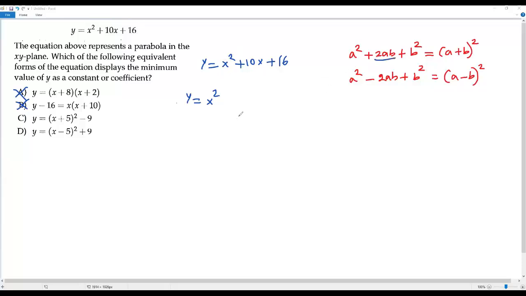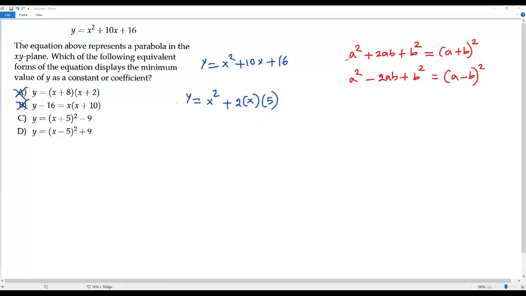The next term has to be 2ab, and we have 10x here. Comparing x squared with a squared, we have x for a. Then 2ab means 2 times x times some value, so that the simplification equals 10x. What value should I write here? I have to write 5, so that 2 times x times 5 becomes 10x.